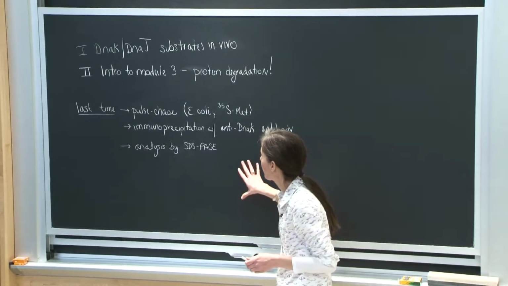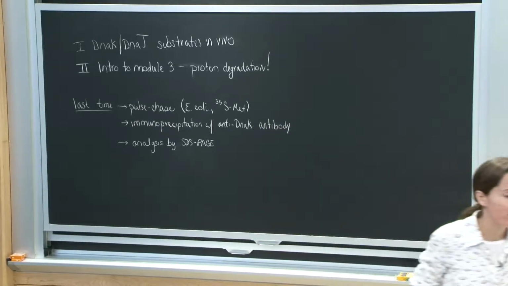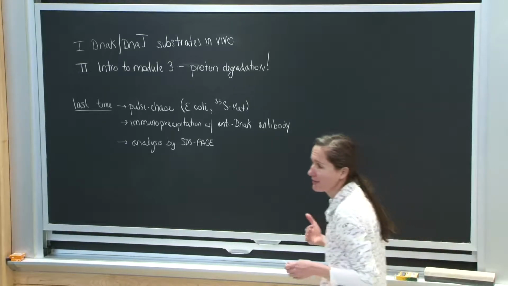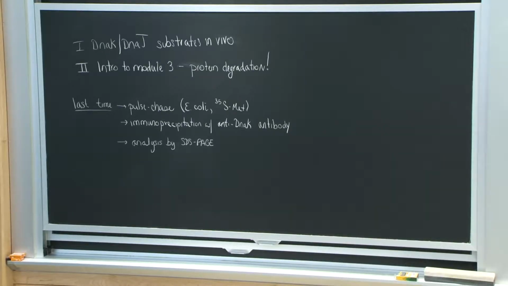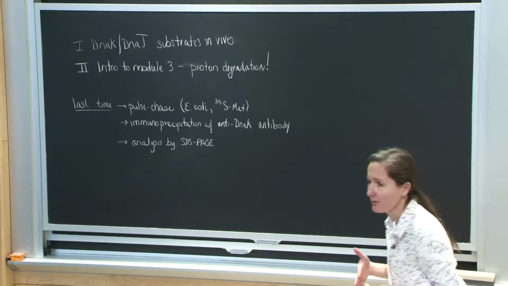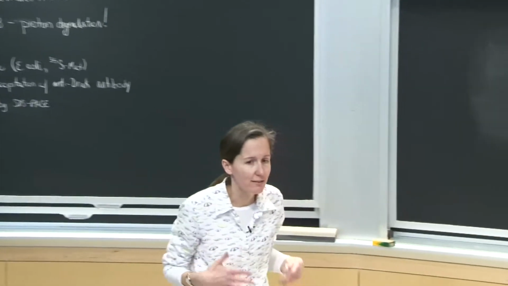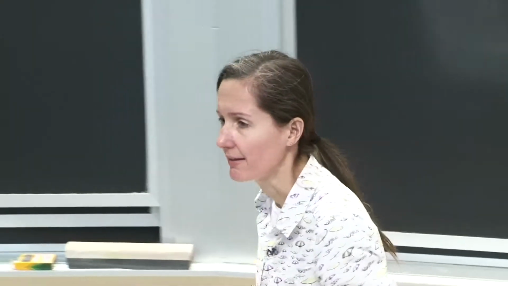Where we left off were experiments performed in a similar manner to what we saw for GroEL, GroES, where pulse chase was done to label newly synthesized polypeptides. During the pulse period with radio-labeled methionine, newly synthesized polypeptides are labeled, and that allows us to see specifically what newly synthesized polypeptides DnaK, J are interacting with, without the background of everything else in the cell.